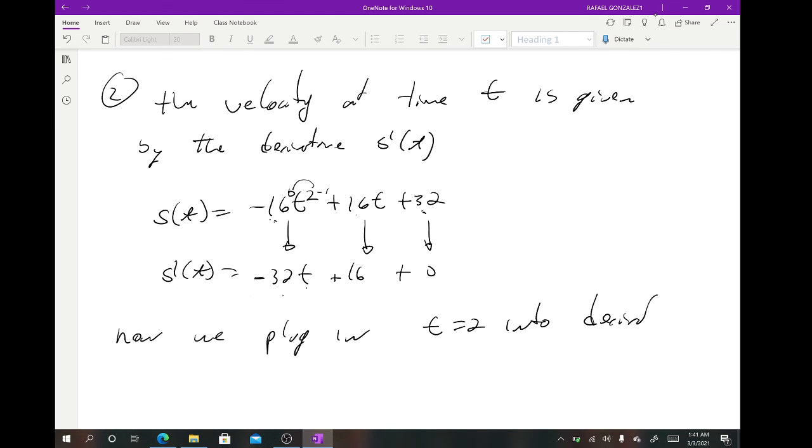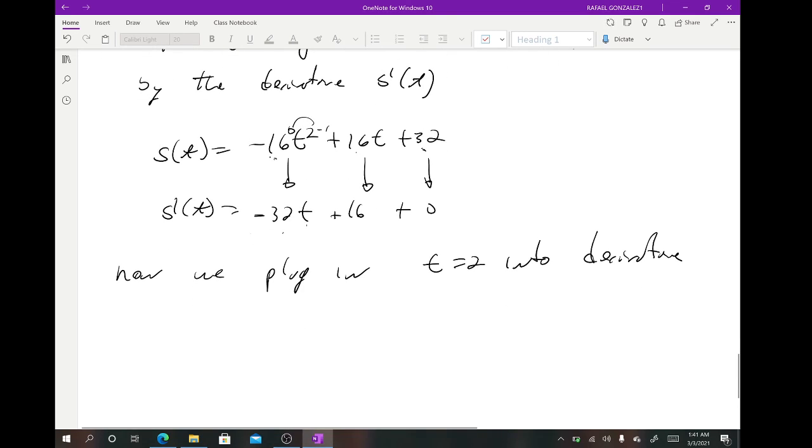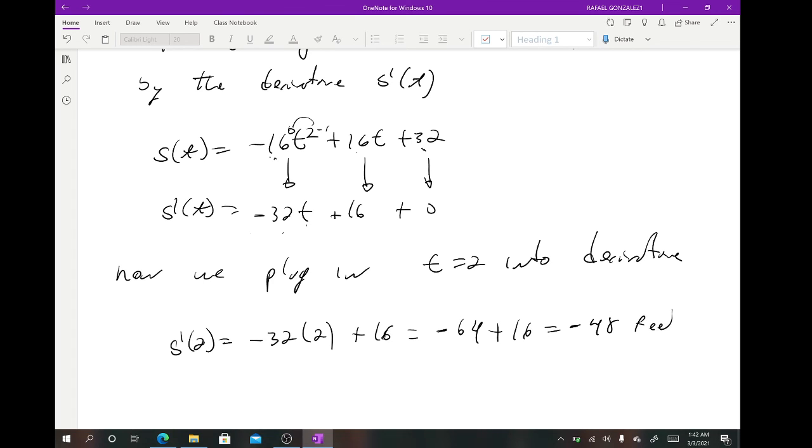What do we get? s prime evaluated at 2 is equal to negative 32 times 2 plus 16. Negative 32 times 2 is negative 64, plus 16, that's equal to negative 48 feet per second.